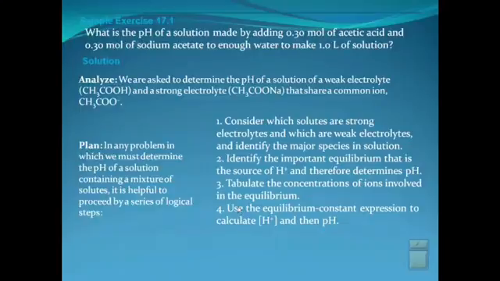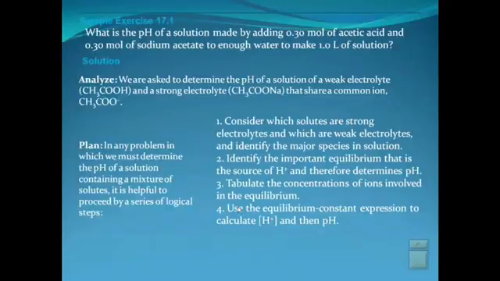Number 3. Tabulate the concentrations of ions involved in the equilibrium, and then use an ice table typically. And number 4, use the equilibrium constant expression, your Ka, to calculate your concentration of H+ and therefore your pH. So 4 steps. You've got to have them memorized.